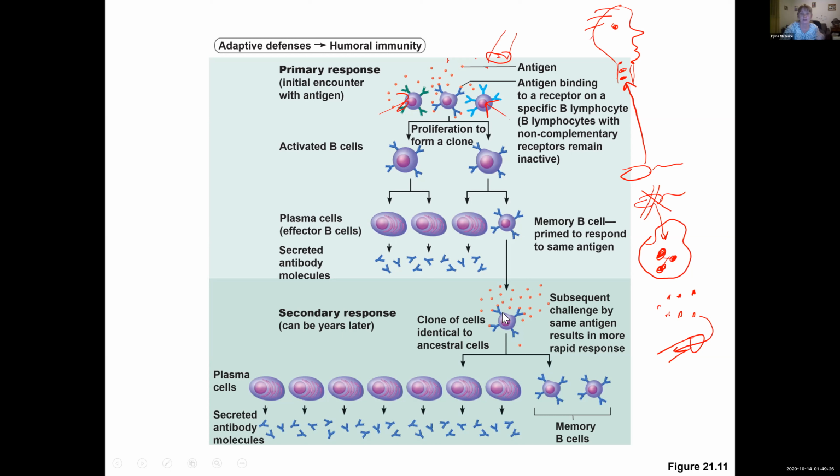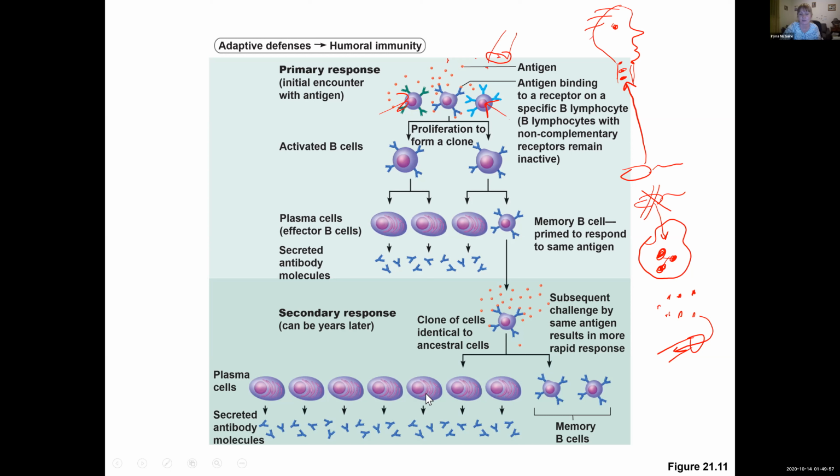you are infected by the same pathogen, so it's the same antigen, you already have these memory cells circulating in your blood. So you skip this process of going to the lymph node, then activating these B cells, then proliferation. You already have these memory cells in your blood, so they very quickly start dividing and differentiating into plasma cells.